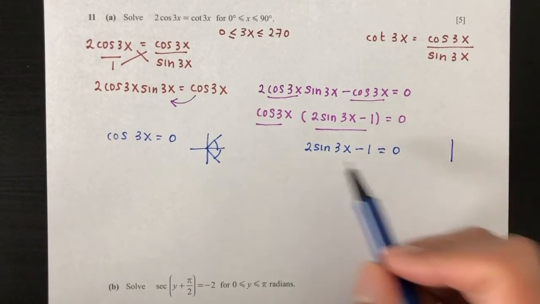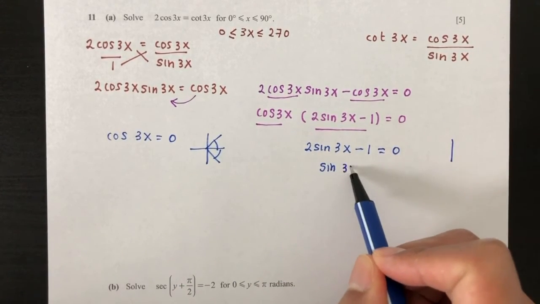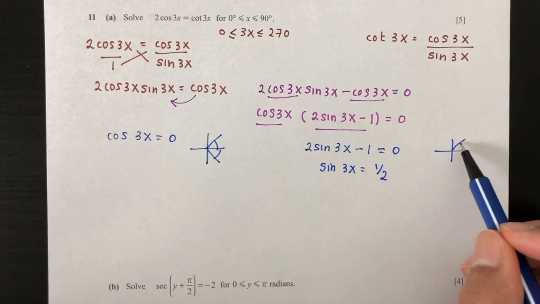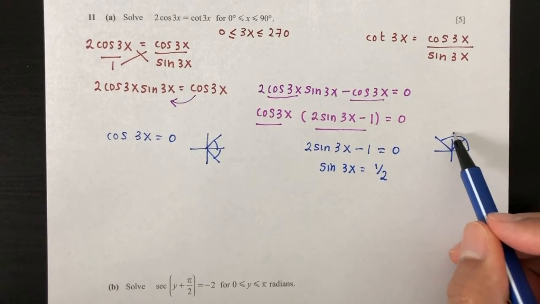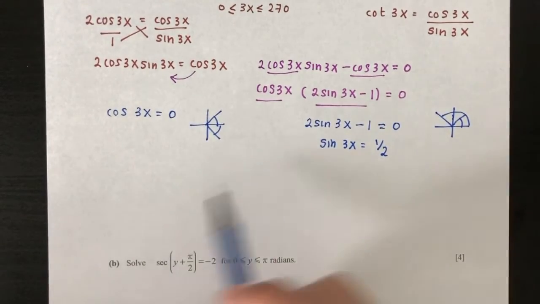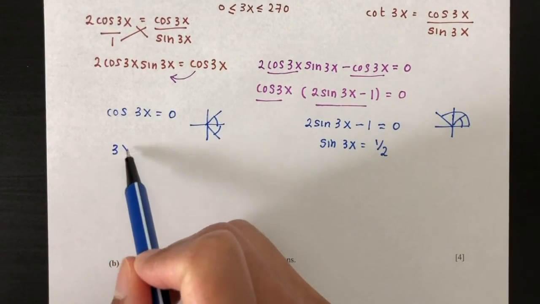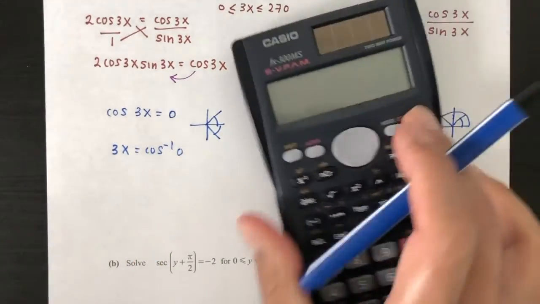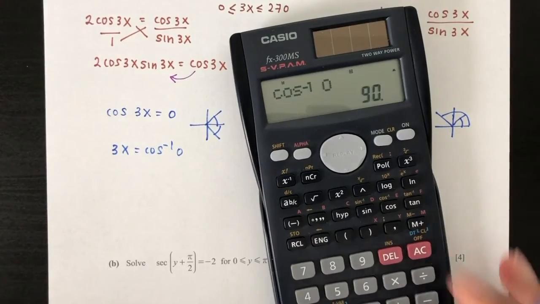And for sine 3x is equal to 1 over 2, which is positive. It can be in this quadrant or in this quadrant. Okay, so let's find one by one. So this one will be 3x equal to cos inverse of 0, which is 90.